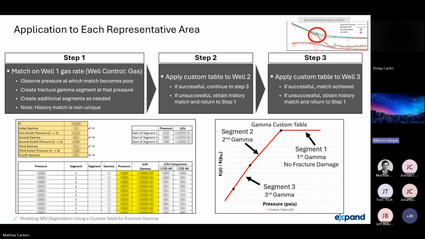On the bottom left-hand side, we would fill out the little table at the very top left, which creates that custom table for us, and we would copy the yellow and paste it into Whitson. Something interesting to us was looking at the K over KI, just to look at the magnitude at each of the pressure segments. You could see what the K over KI is at that point, which is pretty helpful.